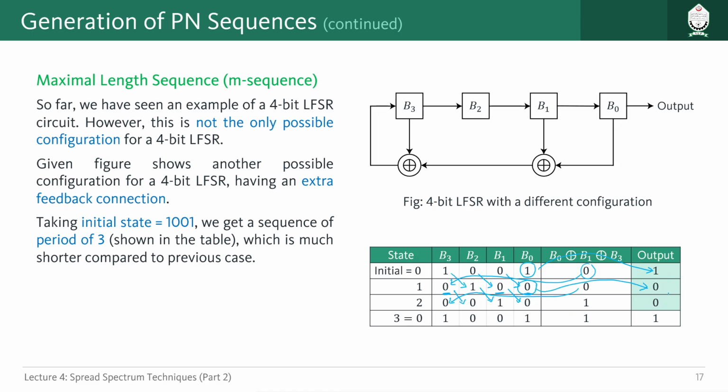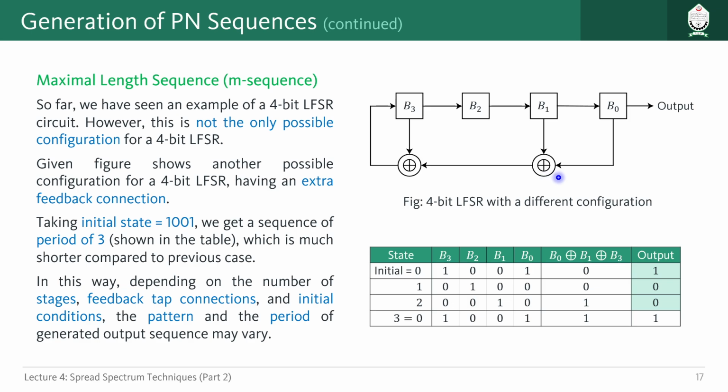In this way we are going to get a 3-bit sequence actually. Okay, after that when we have state 3, we will see that we are again finding the same 4-bit sequence we used as our initial state. So the period of our generated sequence is 3, which is quite shorter compared to the previous case, right?